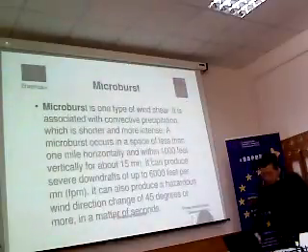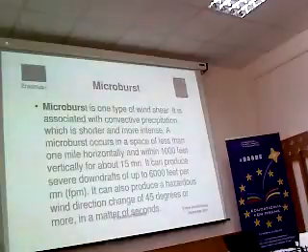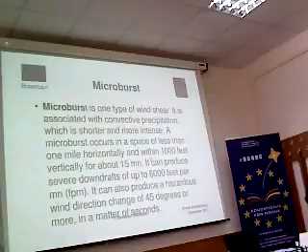The microburst is a very hazardous effect. This is one type of wind shear. It is associated with convective precipitation, which is shorter and more intense. Maybe you already know that the microburst is something at the ground.